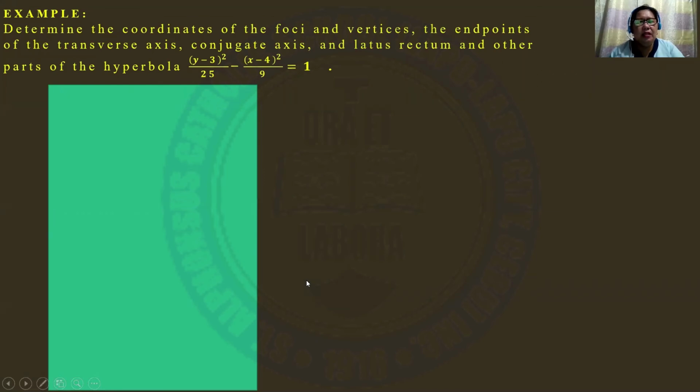Determine the coordinates of the foci and vertices, the endpoints of the transverse axis, conjugate axis, and latus rectum, and the other parts of the hyperbola. Given the square of y minus 3 over 25 minus the square of x minus 4 over 9 is equal to 1.